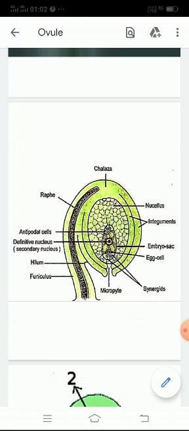The two haploid polar nuclei of the large central cell fuse to form a diploid secondary nucleus or definitive nucleus just prior to fertilization. This 7-celled and 8-nucleate structure is called an embryo sac.